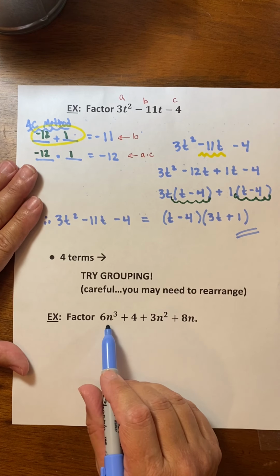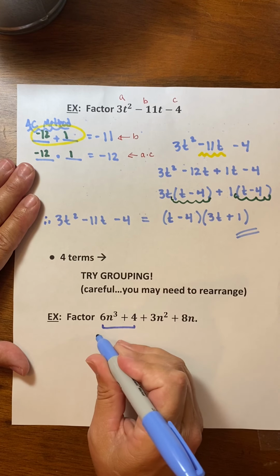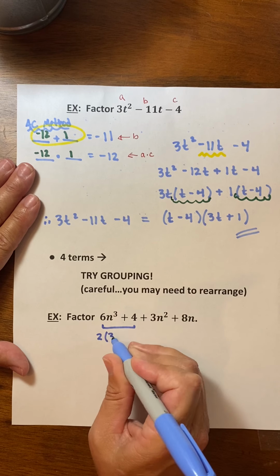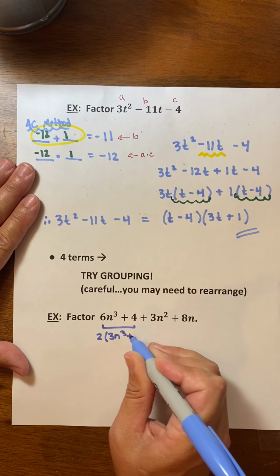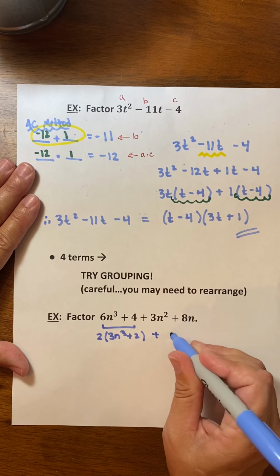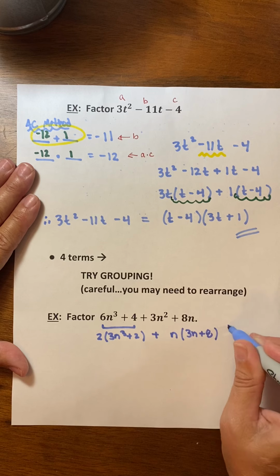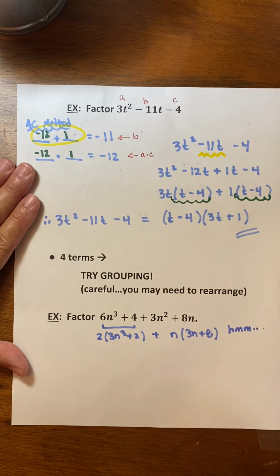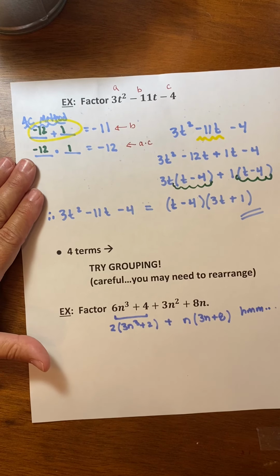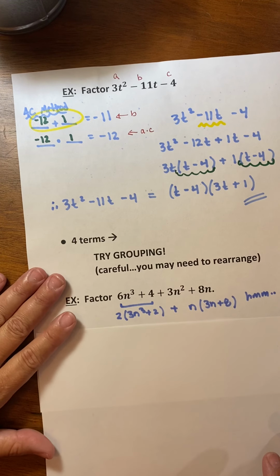So if I do 6n cubed plus 4, I can pull out a 2 and get 3n cubed plus 2. The only thing I can pull out here is n, and we get 3n plus 8. All right, so that's not going to work very well. So we may need to rearrange.